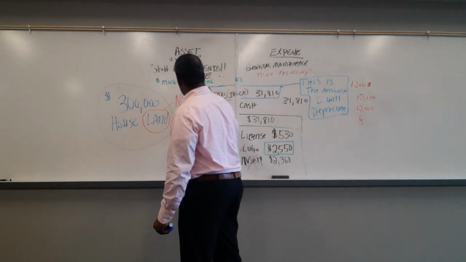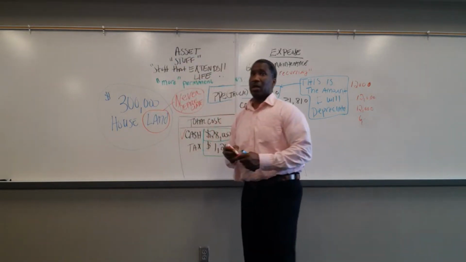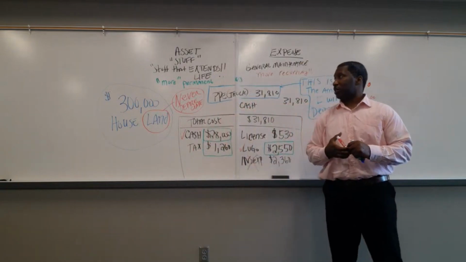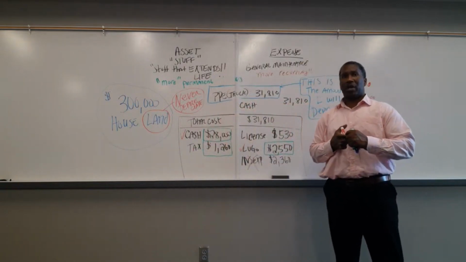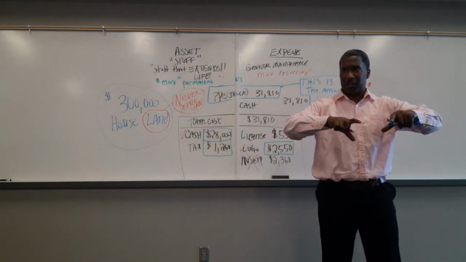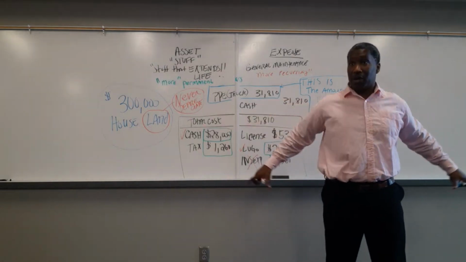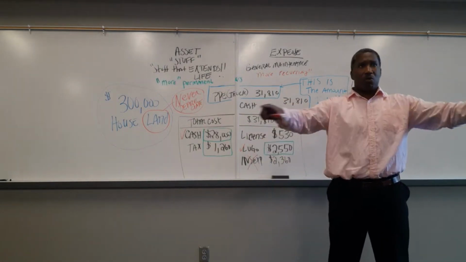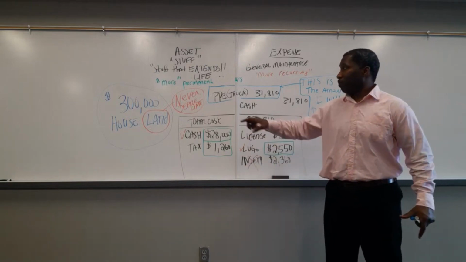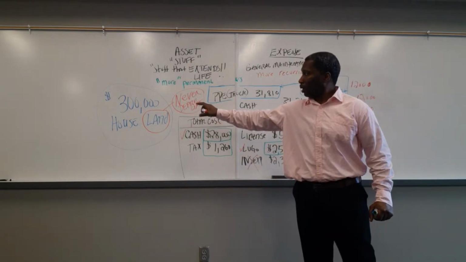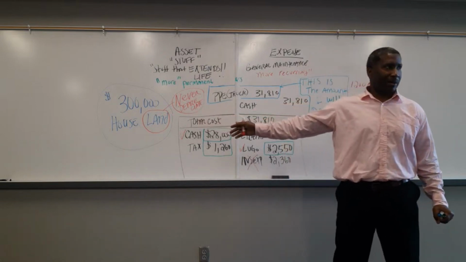Okay? Land will never depreciate. So what you're going to have to do is to break down the cost between, and that's why I have to make sure I say it as vague as possible, wherever you live, including the house, the land, everything on there. You're going to have to break that out, because you never depreciate land.